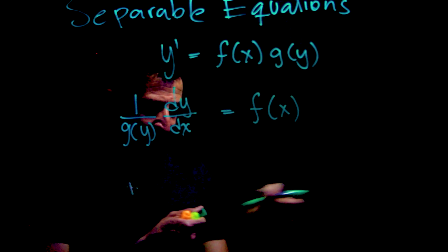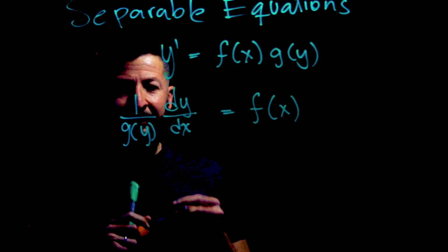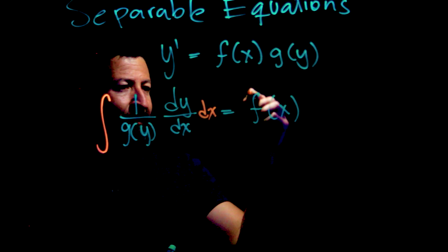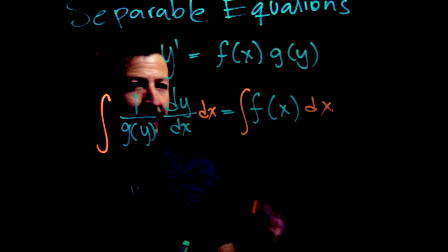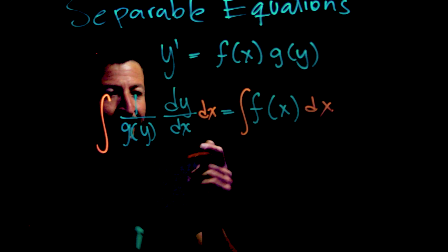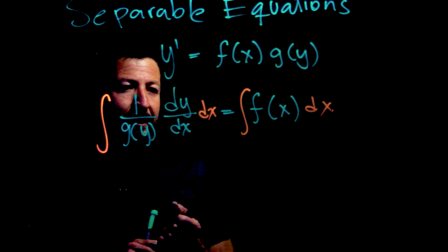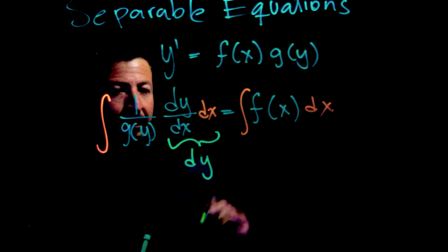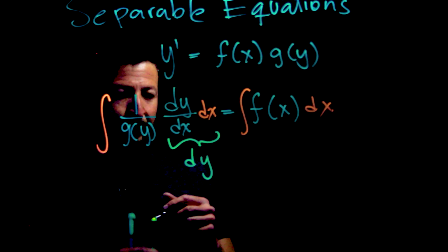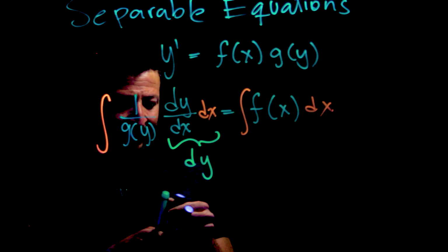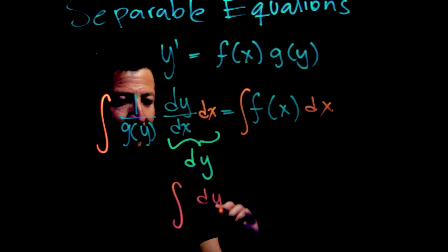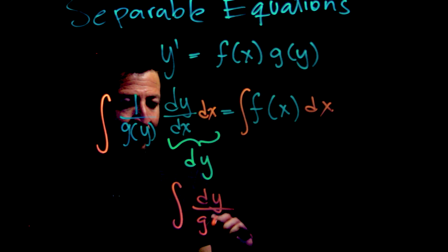And so then what you can do is integrate both sides of this equation with respect to x. This right here is just dy by the chain rule of differentials. So I can integrate this and I get the integral of dy over g of y.